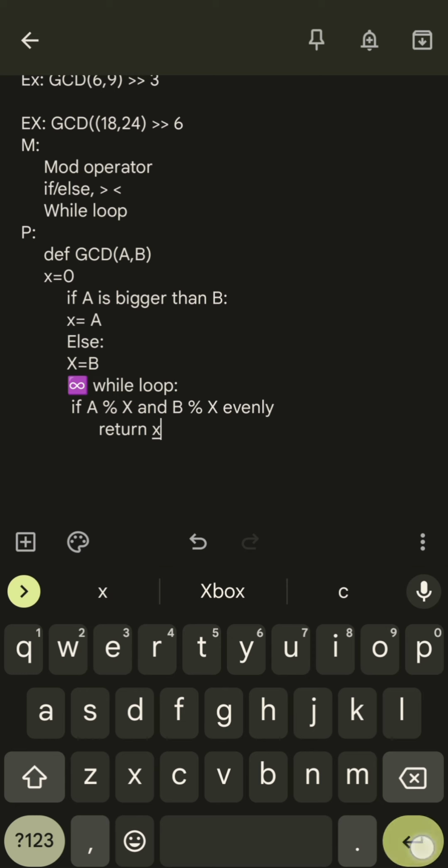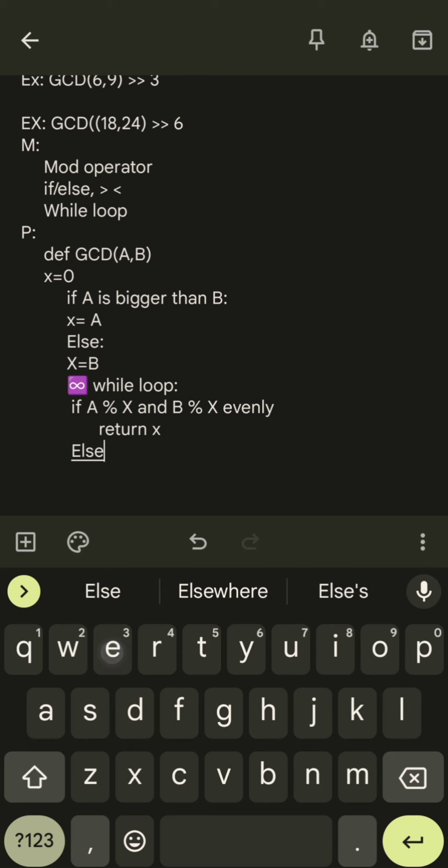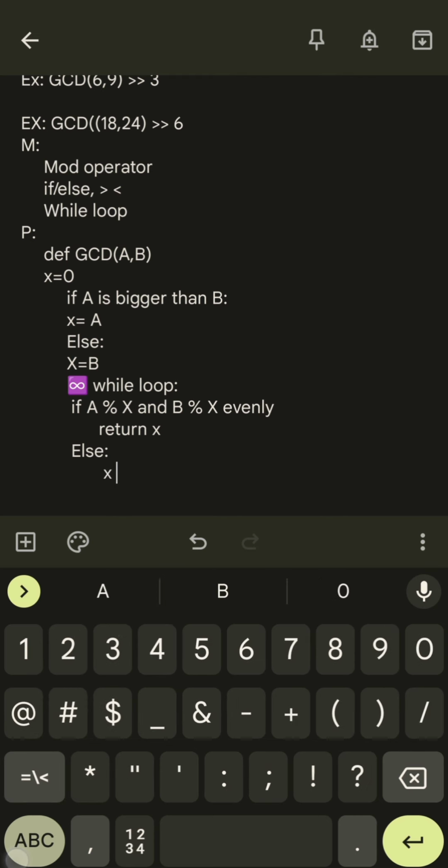If whatever our first number is just doesn't work, we have to go ahead and subtract. So else we're going to subtract x by 1. So x minus 1. In this case, the way we could write this is x -= 1. So I'm just going to have that for noting.